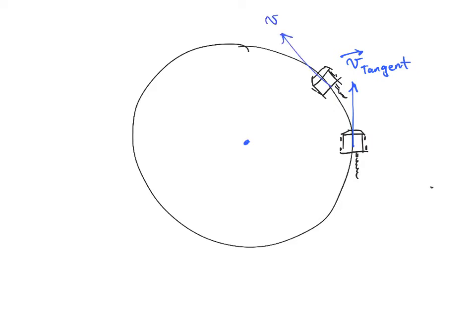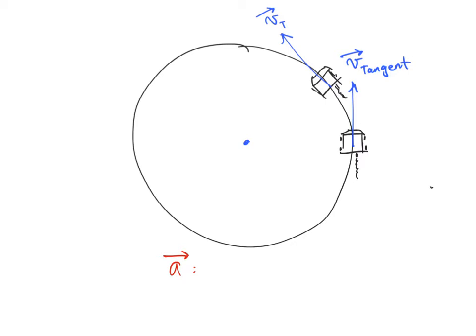And so my velocity vector has changed. You can see it was previously in this direction, and now it's in this direction. So that means, by definition, that the car has accelerated. So there is some kind of an acceleration here, and I'd like to think about what that acceleration vector is. We'll think about it as a vector quantity.